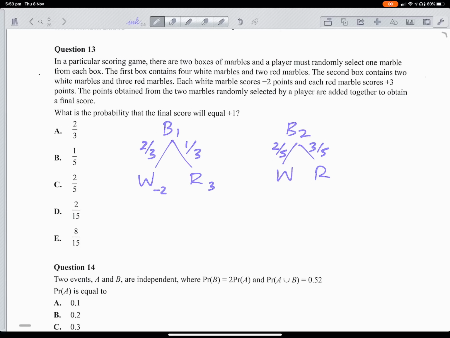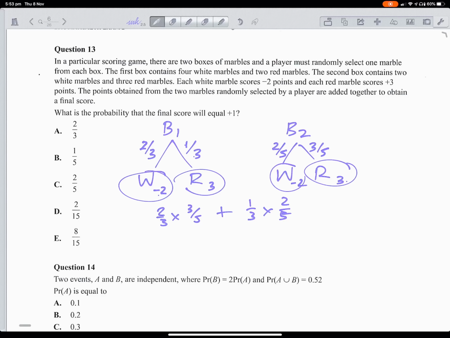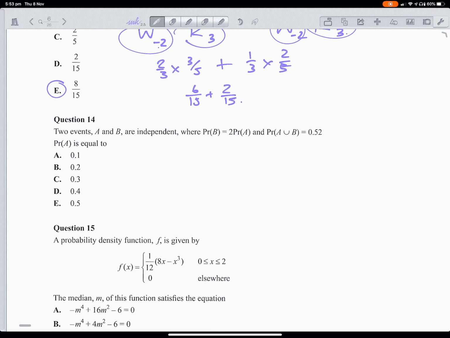Red gives you a score of 3. The points obtained from 2 marbles randomly selected by a player are added together to obtain a final score. What's the probability of score 1? So it's that, or that and that. So white and red, 2 on 3 times 3 on 5, plus 1 on 3 times 2 on 5. So that's going to be 6 on 15 plus 2 on 15, which is 8 on 15.